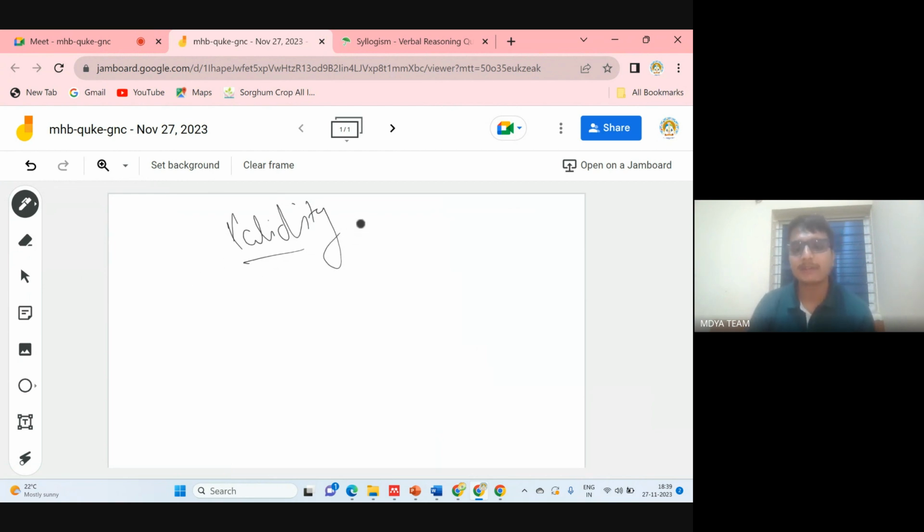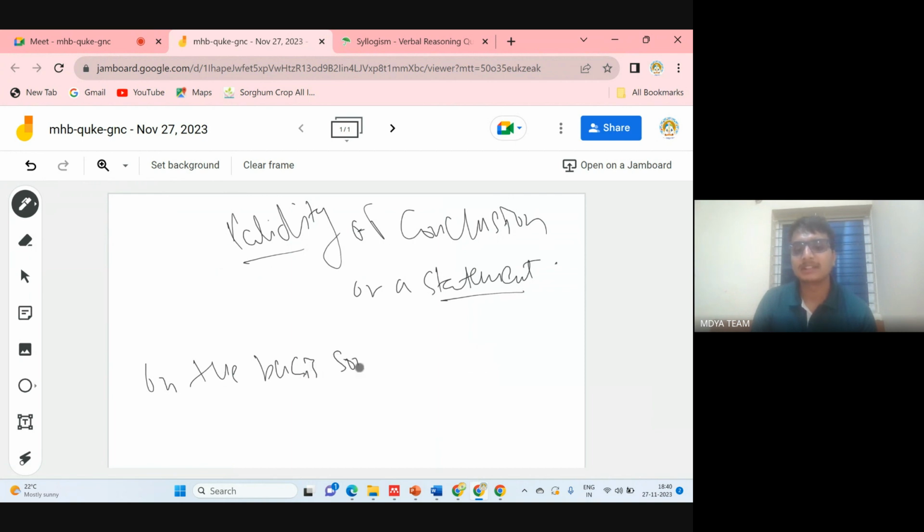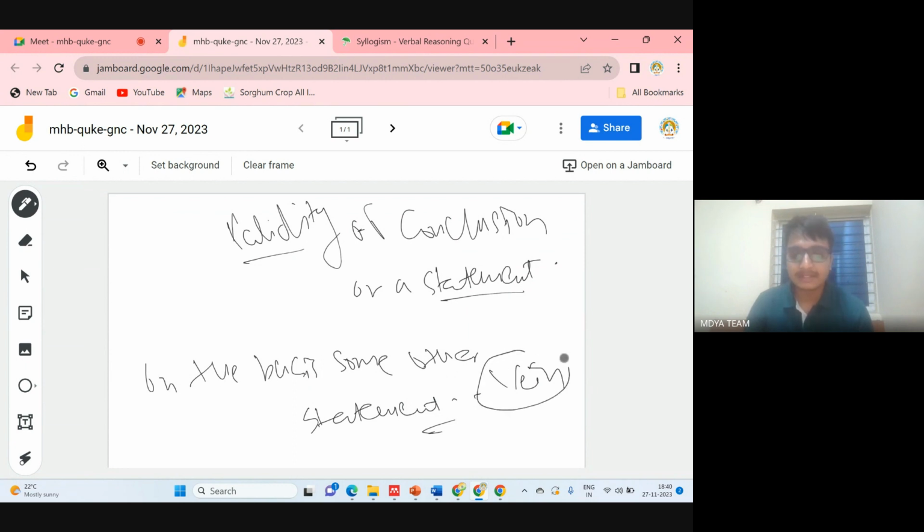If you want to check the validity of a conclusion or a statement on the basis of some other statements, then you will need Venn diagram. You will first create the Venn diagram on the basis of these pre-given statements, and then on that Venn diagram you will try to apply the conclusion statement. If it is coming true, then the conclusion is valid.